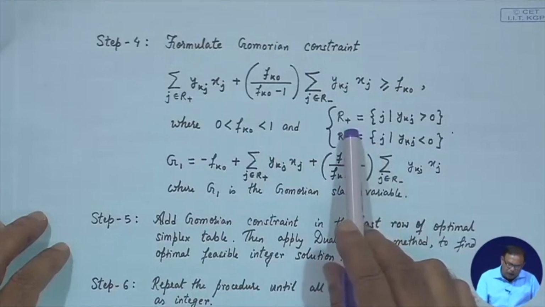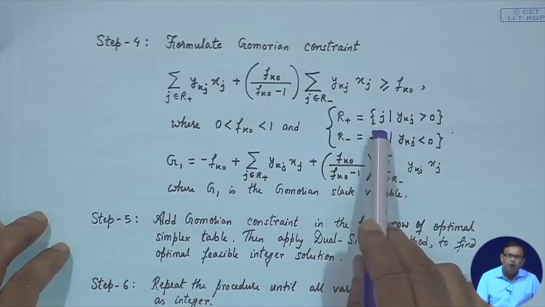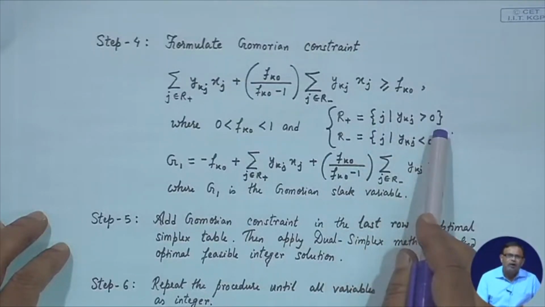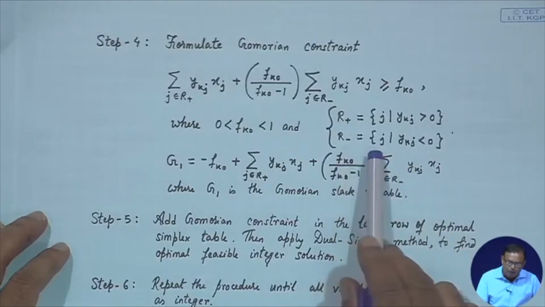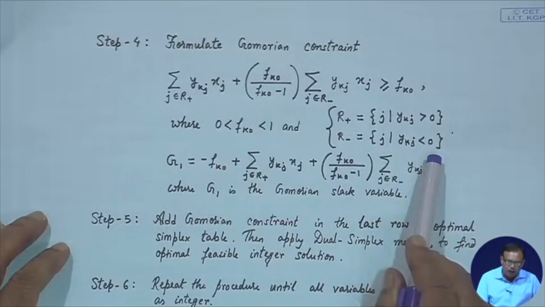So, R plus, whenever you are taking R plus, in that case you will take those j values where y k j will be greater than 0, and R minus will be those values of j where y k j will be less than 0.